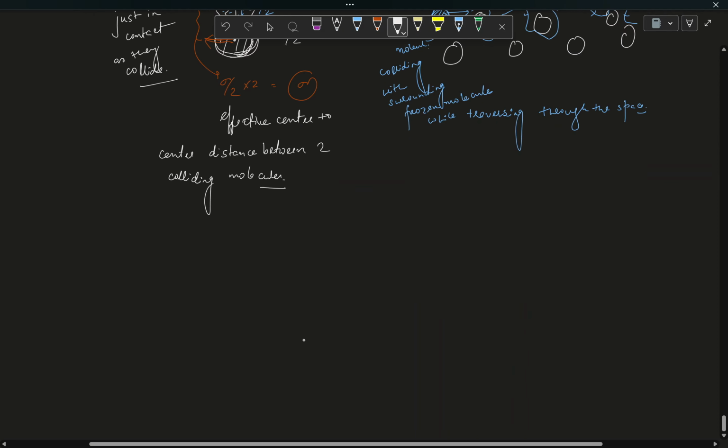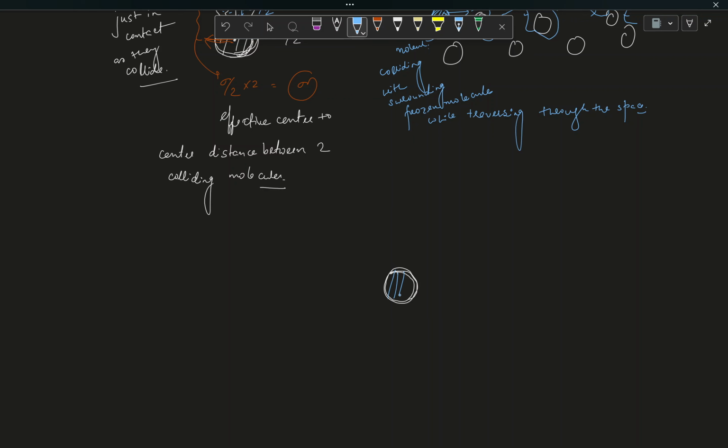Now just think of it this way: if this is your moving molecule in blue, moving and passing through this total sea of frozen gas molecules, when it moves through, it can touch and collide with molecules on any part of its body, like here, here, here, here, here.